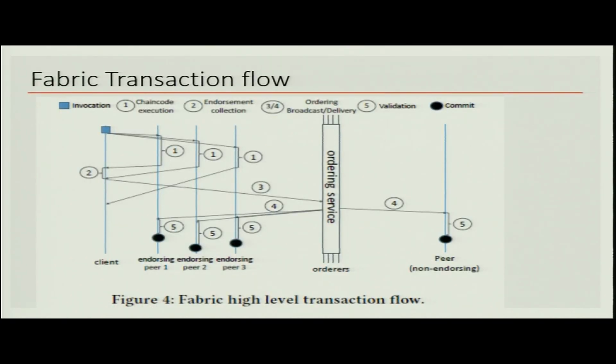So the transaction flow here looks like this: you have the client. The client invokes the transaction and then sends the transaction to endorsing peer 1, endorsing peer 2, endorsing peer 3. Endorsing peers will, as I said, pre-execute, and then send back endorsements to the client.